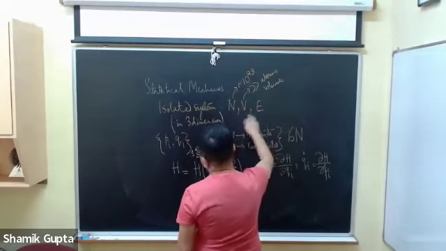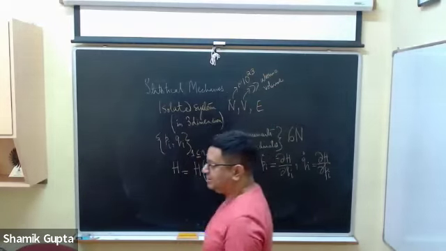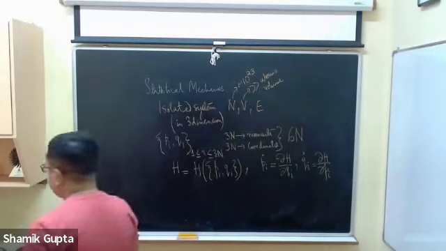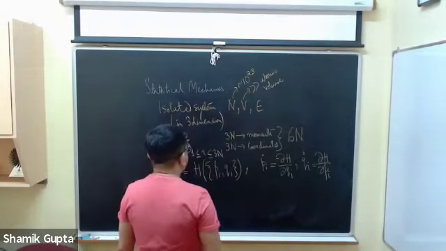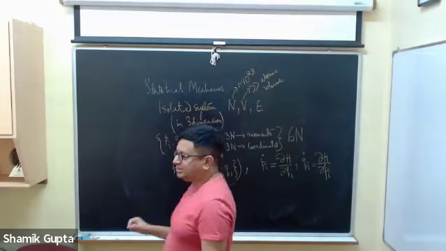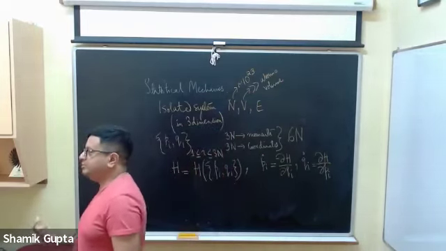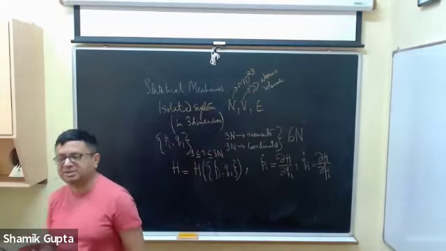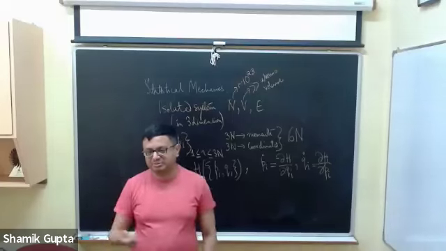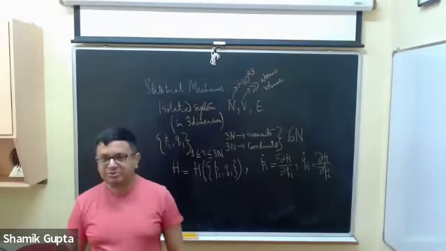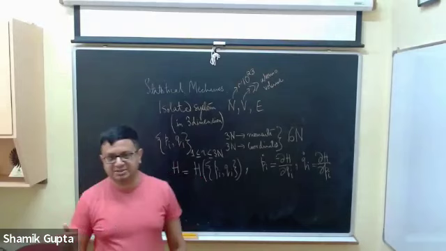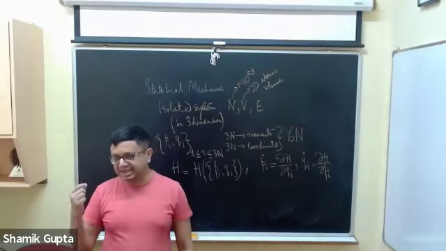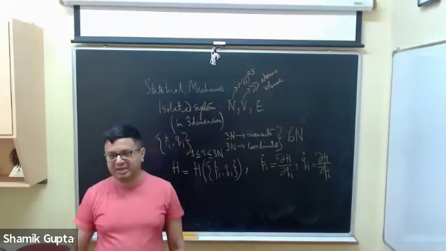What we will do is try to make the theory very general. So what I can do is say that the energy of the system, how do I measure it? I measure the energy of the system with the help of some apparatus. That apparatus will have some precision. It will not give me an exact answer. It will have some error.